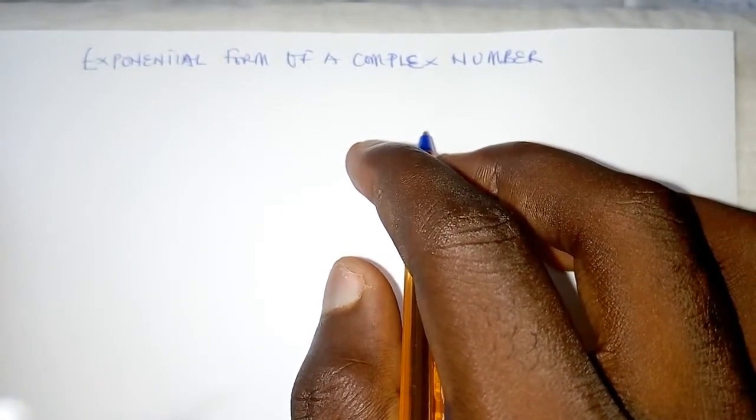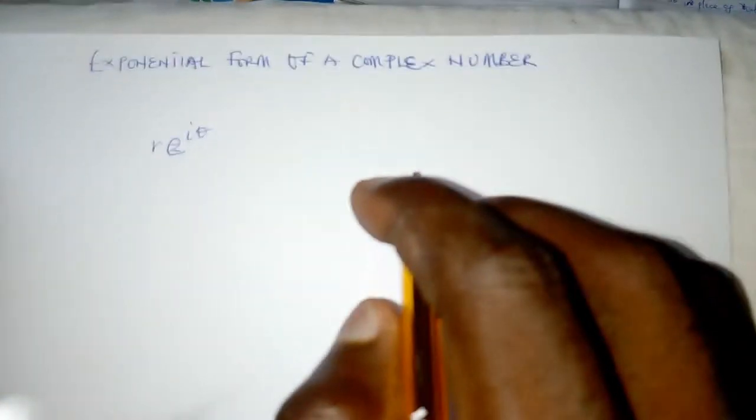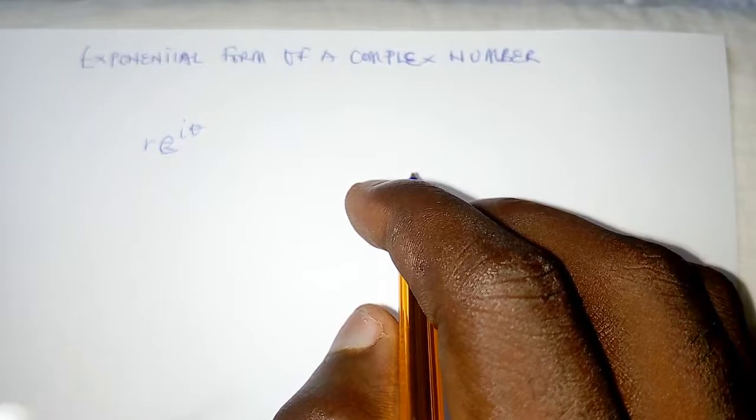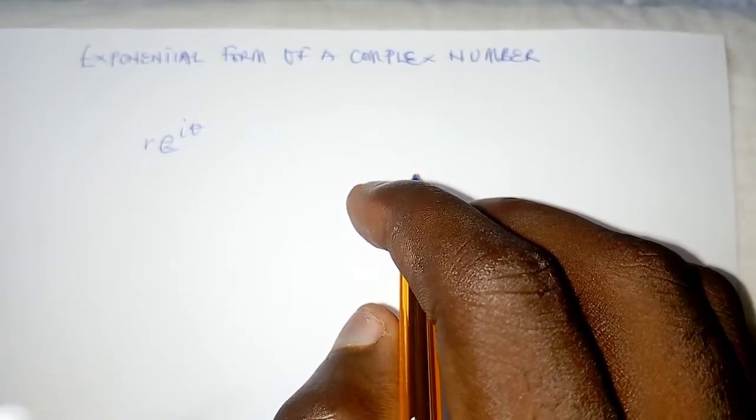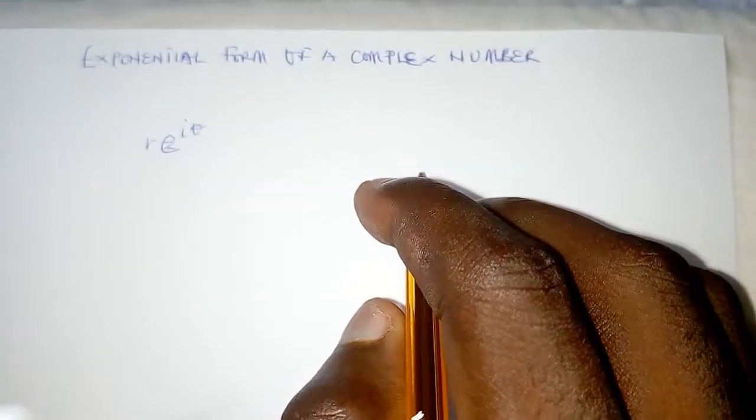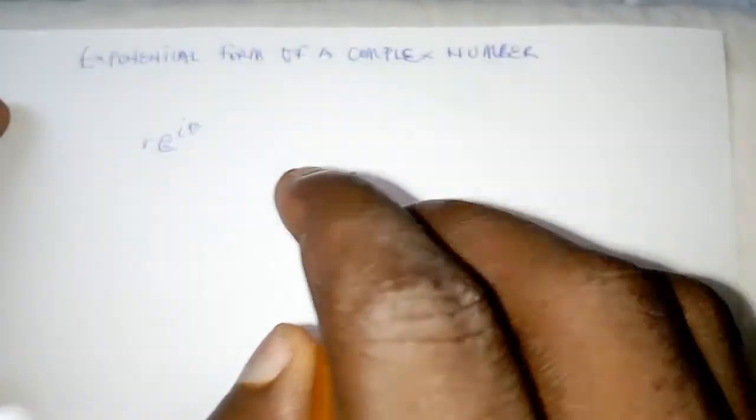Now we said that the exponential form is in the form r e exponent i theta, and we're only talking about theta being positive. Now what if theta is negative? What happens?